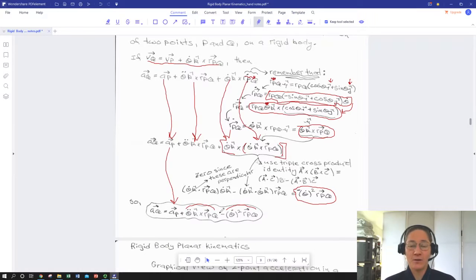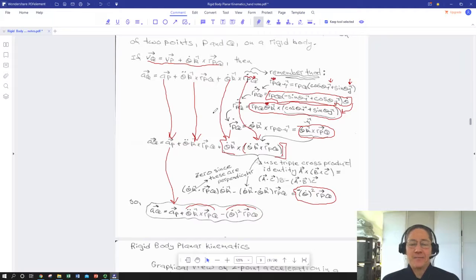So we've got three terms that we can use to get the acceleration of any point on a rigid body that's moving relative to some fixed reference frame F. If we know the acceleration of another point, we know the rigid body's angular acceleration relative to that fixed reference frame, and we know the rigid body's angular velocity relative to the fixed reference frame, and we know a radius vector that connects the two points, the known and the unknown.